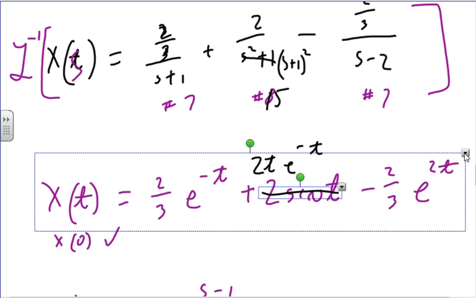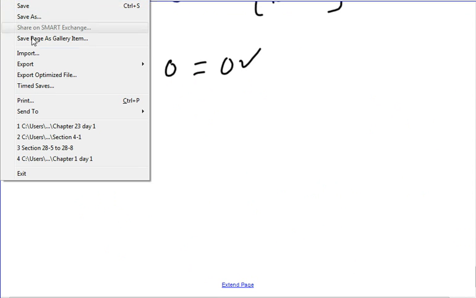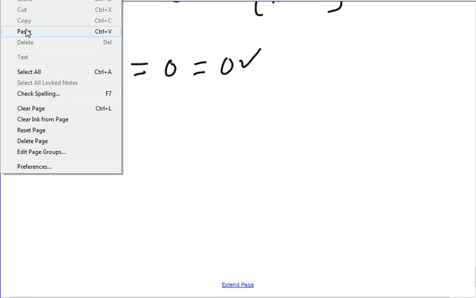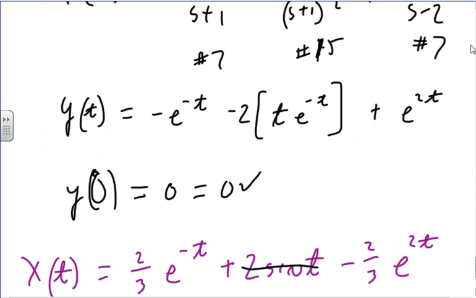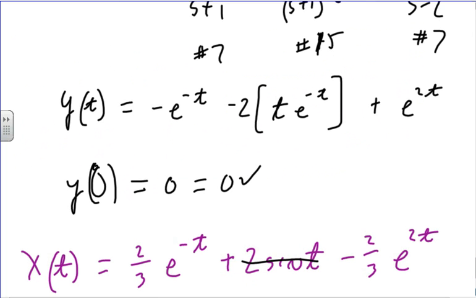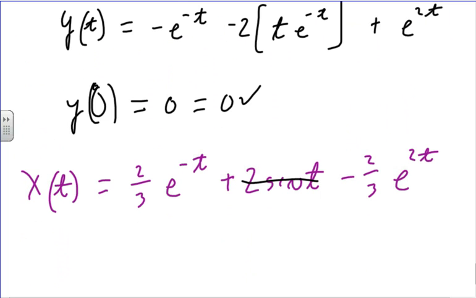Okay, so there's x of t. And then there's my y of t. Can I get them both in the same frame? Yes, I can.